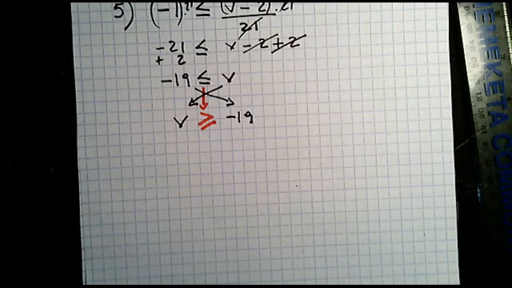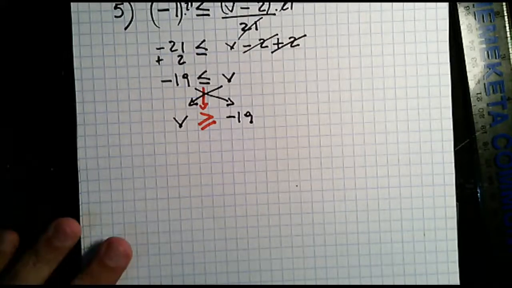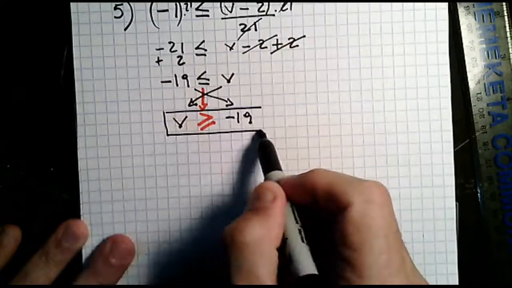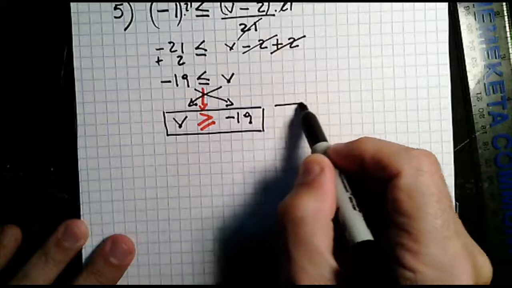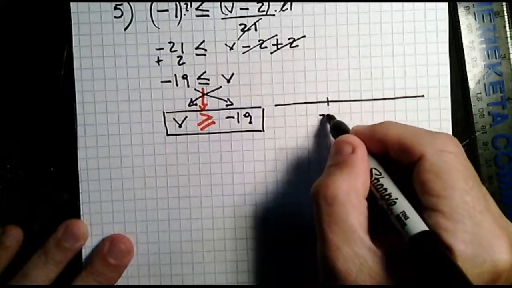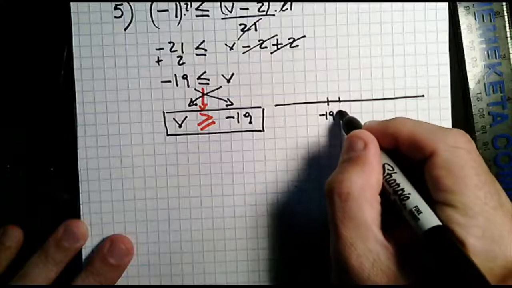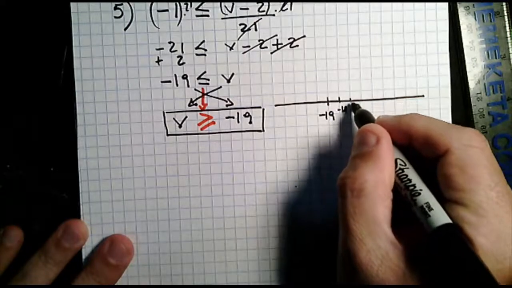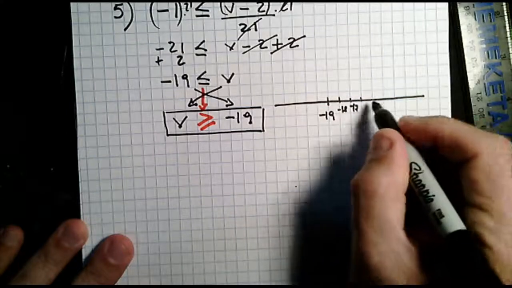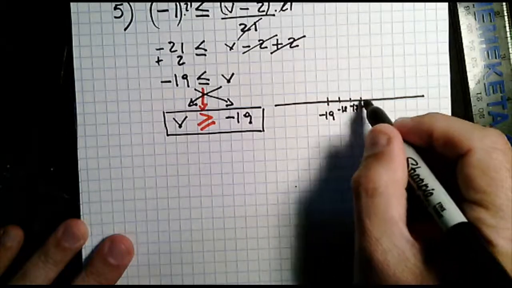Okay, so in this situation, for this particular situation, let's say this is my number line. Here I have negative 19. So this is negative 18. This is negative 17. This is negative 16, going like this.